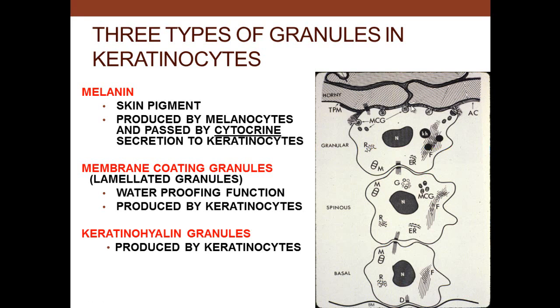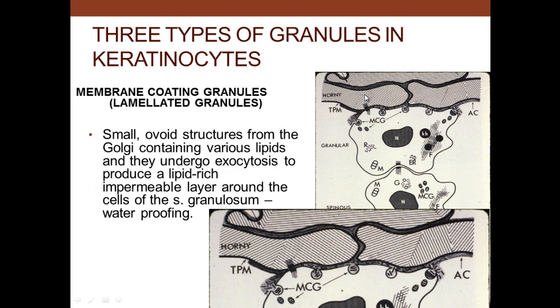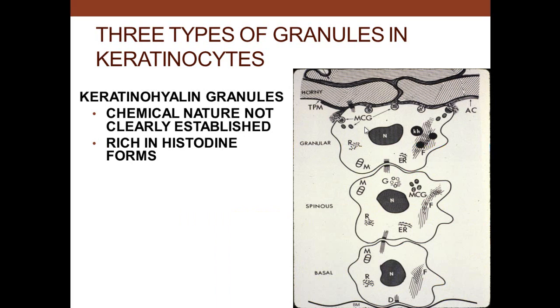Then we have the keratohyalin granules, and the keratin filaments are the intermediate filaments that are the contents of the cells of the stratum corneum. So here we can see the membrane coating granules, also called lamellar granules, because they have different layers, and whenever they discharge contents, they seal between the cells of the stratum corneum and stratum granulosum, which prevents dehydration. The chemical nature of the keratohyalin granules is really not known.